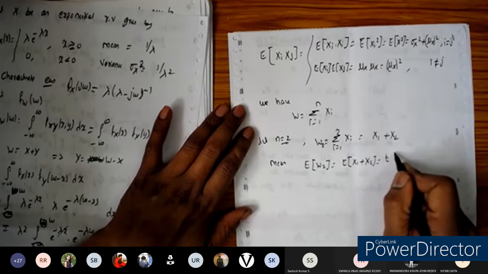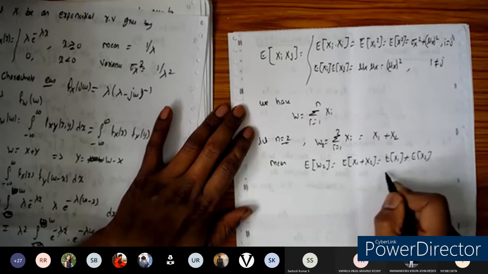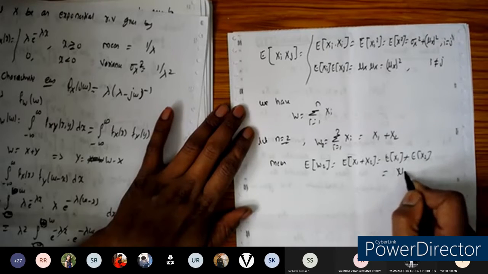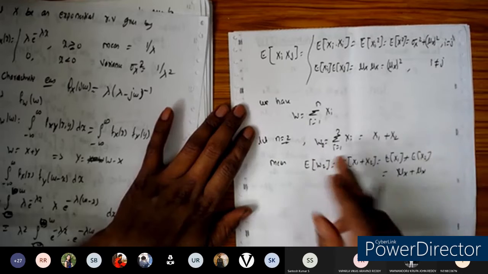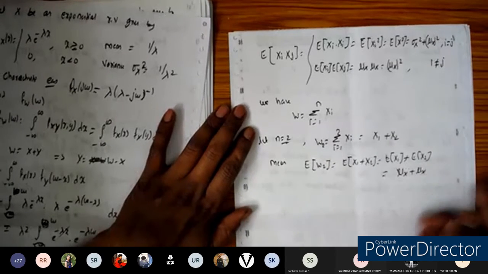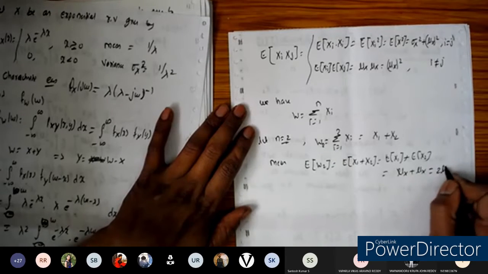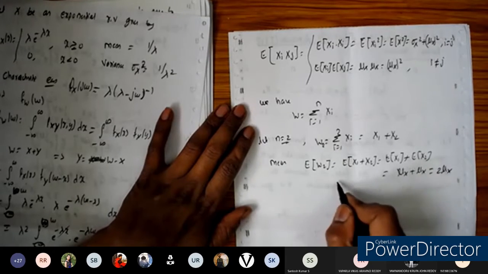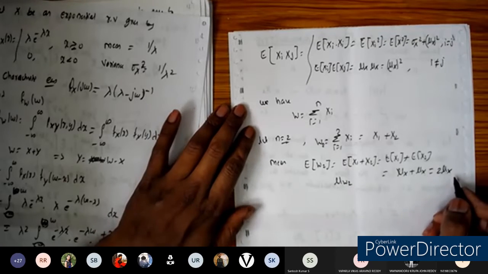We know the expectation of X1 is the same as the expectation of X only. So this becomes mu X plus mu X, because I've taken the random variables to be identically distributed, meaning X1 and X2 are like X. So this is 2 mu X, that is, mu W2 is equal to 2 mu X.